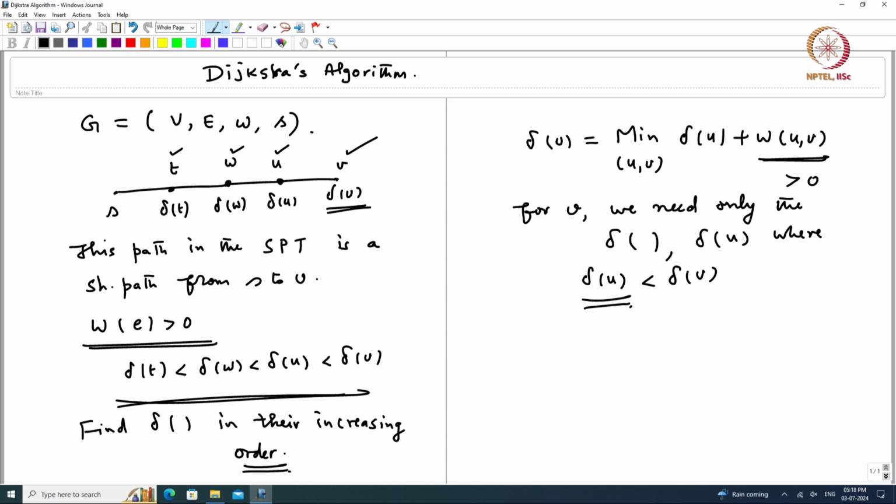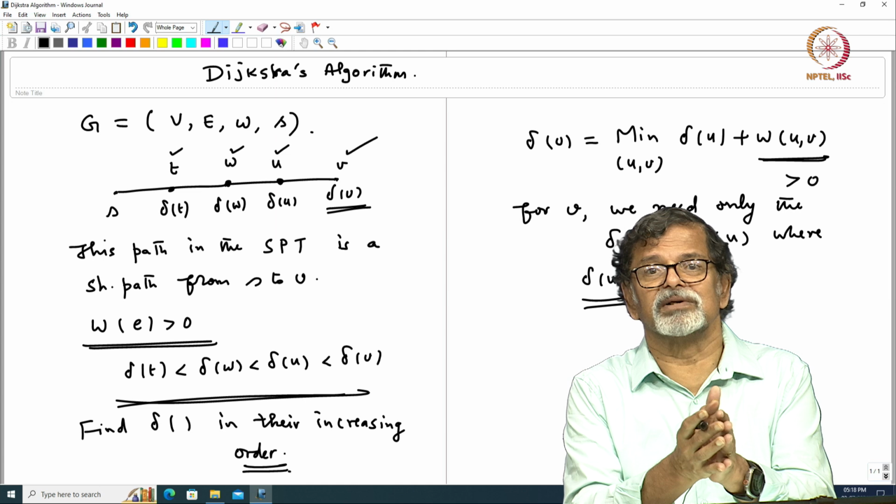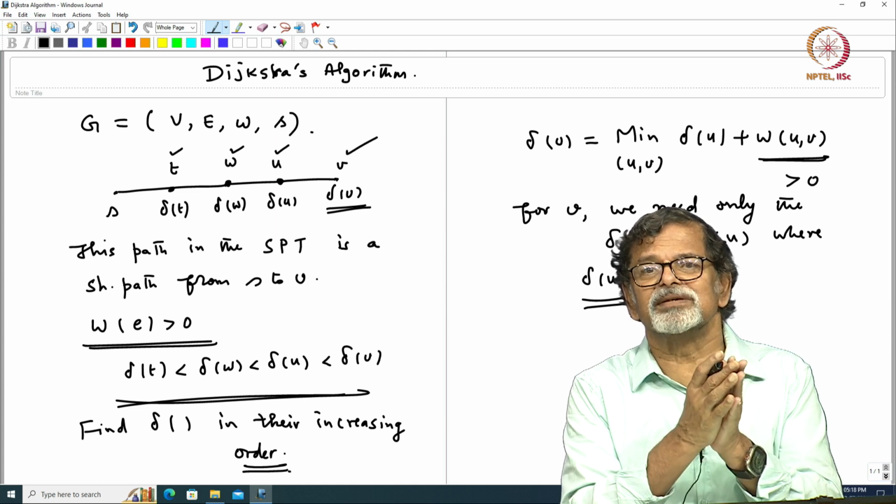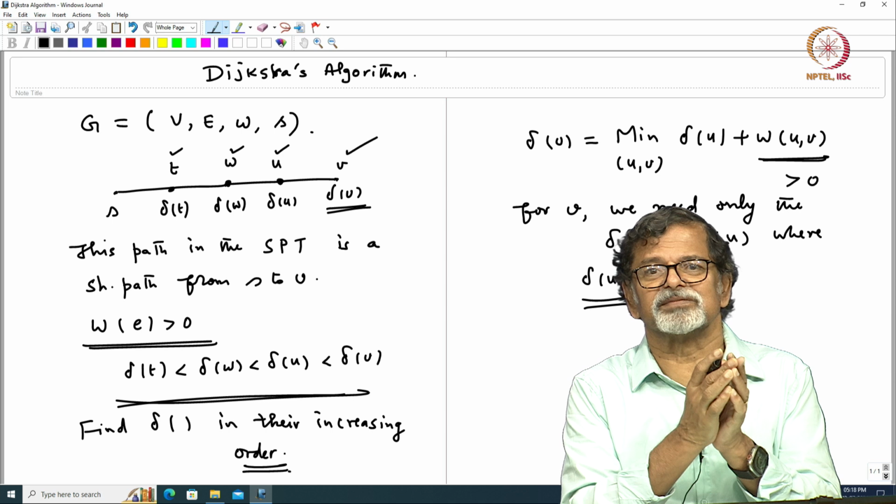We require only such vertices and their delta values. Even if we have the vertices with the larger delta values, they are not going to play any role in determining delta v. Therefore, for every vertex v, we would like to have the delta values that are smaller than the delta value of the given vertex.